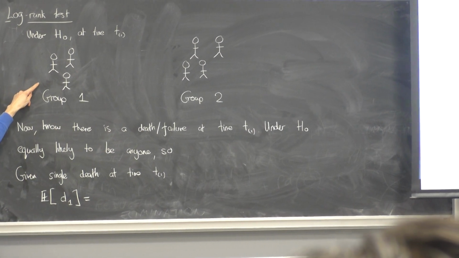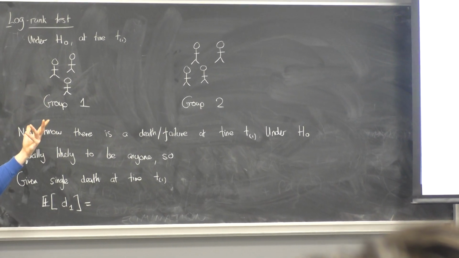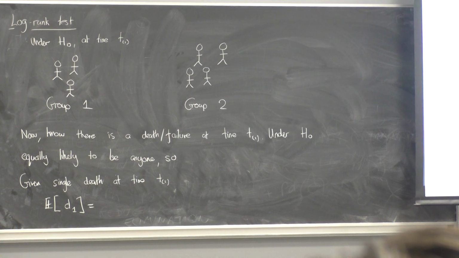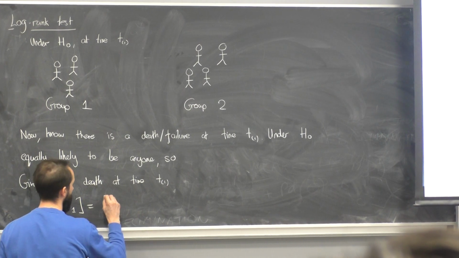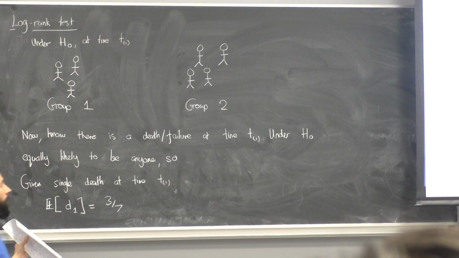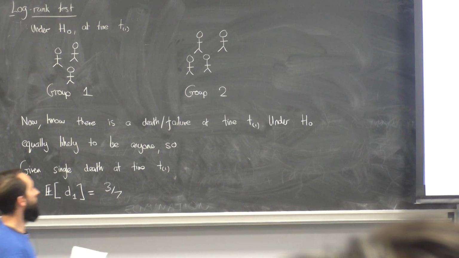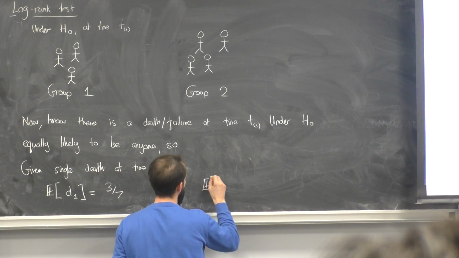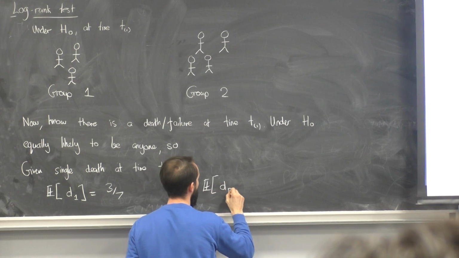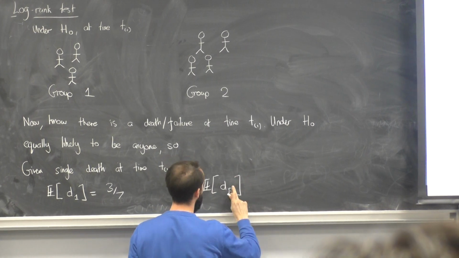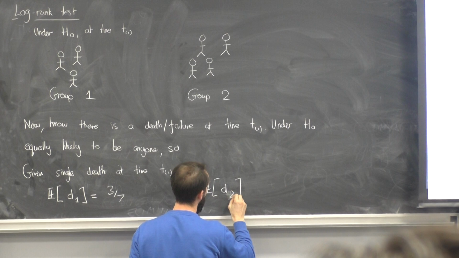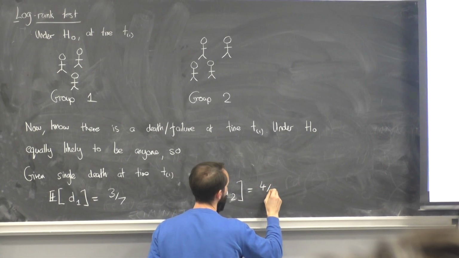The probability that that death lies in group 1 is 3/7. So the expected number of deaths in group 1 is 3/7. And the expected number of deaths in group 2 is 4/7.